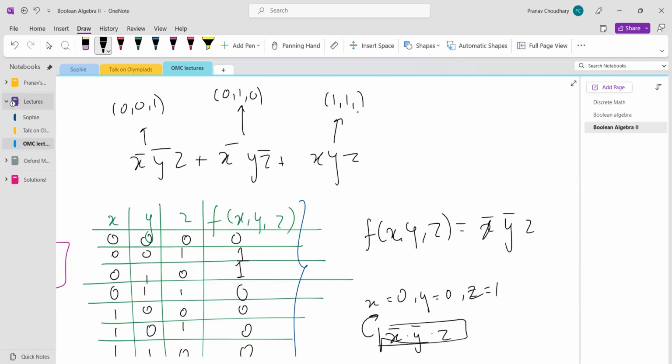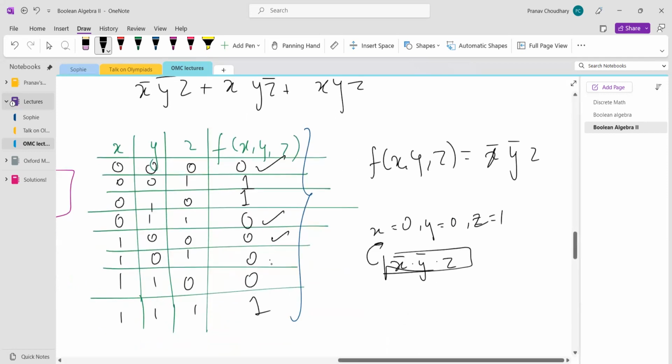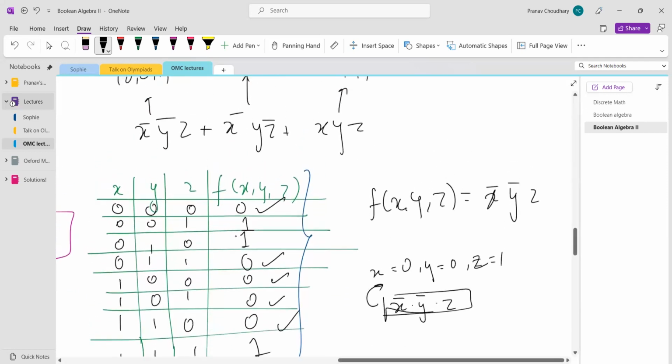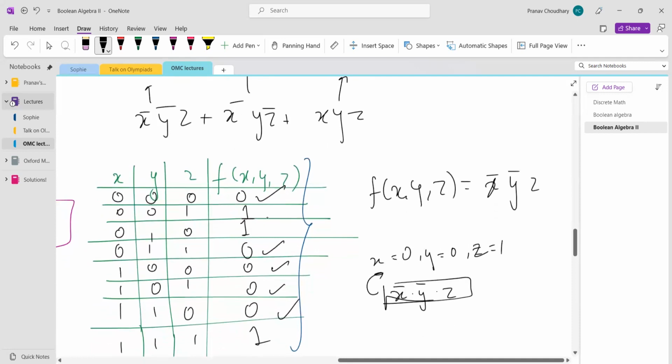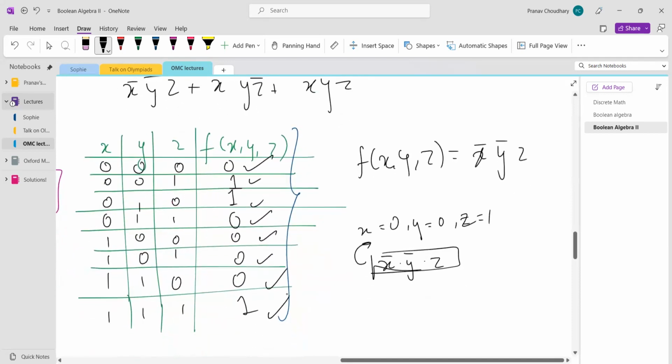And this becomes 1 at point 1, 1, 1. So apart from these 3 points, all 3 of them are 0, so the sum will be 0. So these things are satisfied. And at any one of the 3 remaining points, at least one of them is 1, so the sum will be 1. So this is also satisfied. So using this idea, we can write down a function given values of that function at different points.